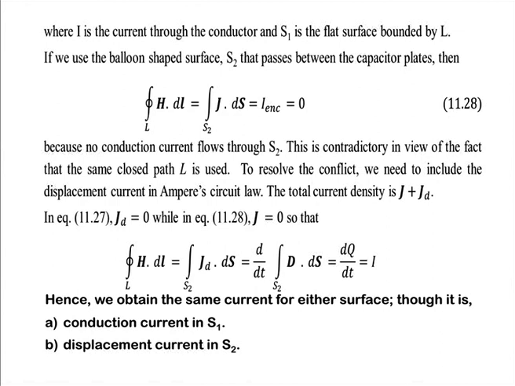In equation 11.27, the displacement current density JD is equal to 0, while in equation 11.28, the conduction current density J is equal to 0, so that H dot dl would be equal to the integral of JD dot ds over the surface S2, which is equal to d/dt of D dot ds, which is equal to dQ by dt, which is equal to I. Hence, you obtain the same current for either surface. However, it is conduction current in S1 and displacement current in S2.